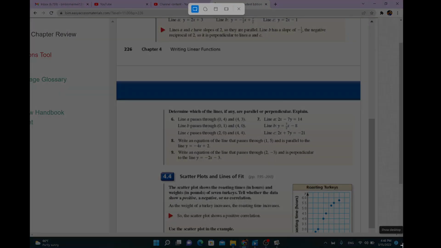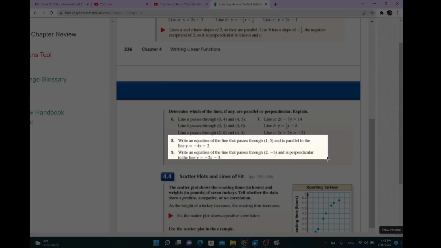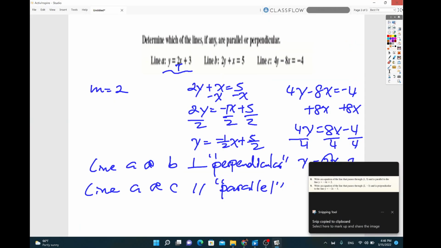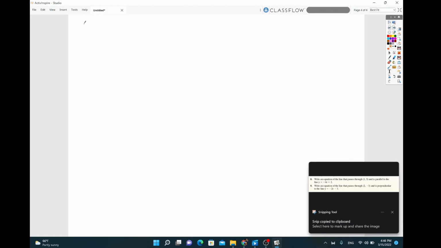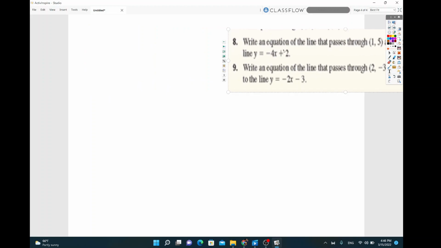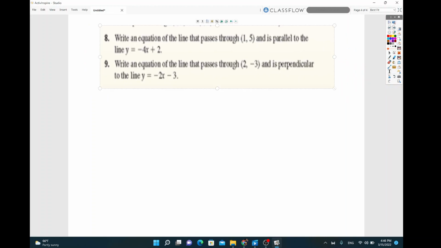Write an equation of a line that passes through the point and is parallel to the given line, and the other one is perpendicular. Given the point (1, 5), let's say that's x1, y1.